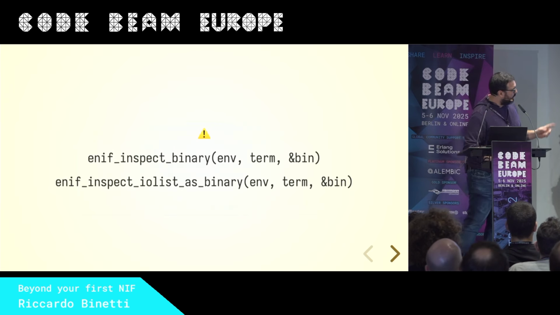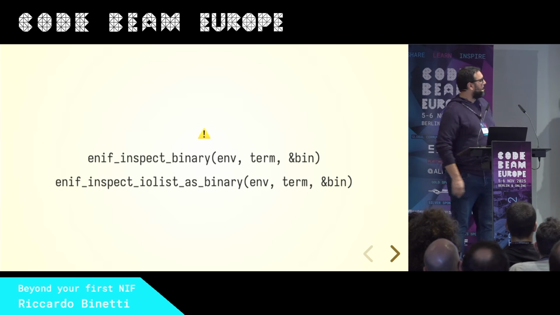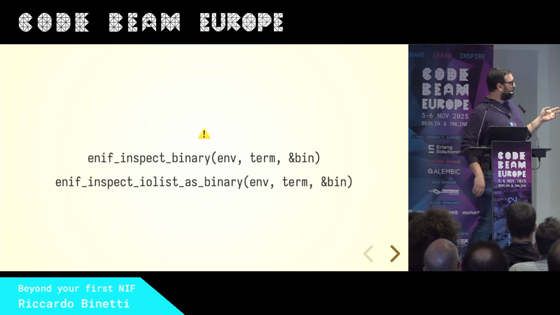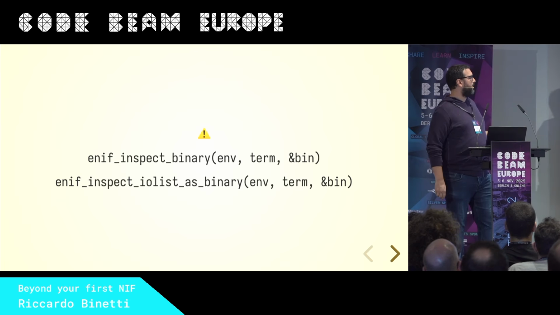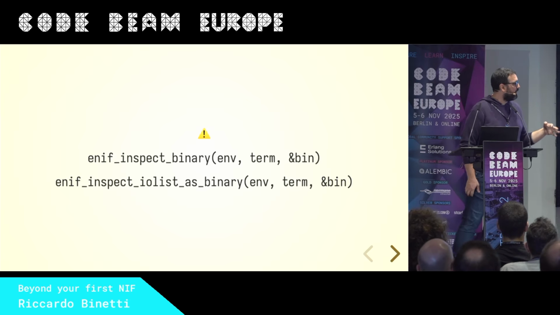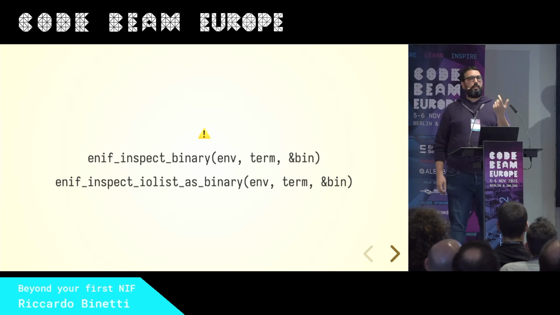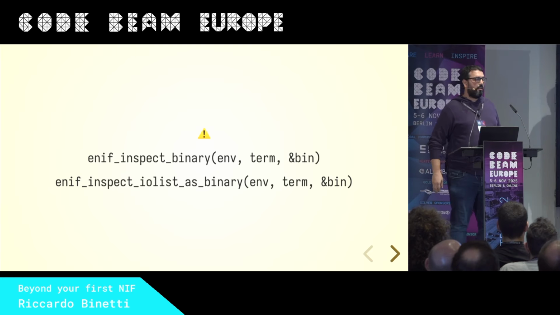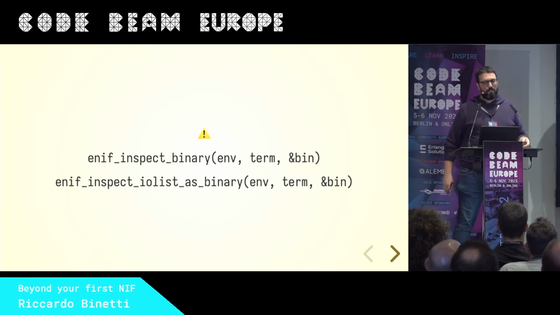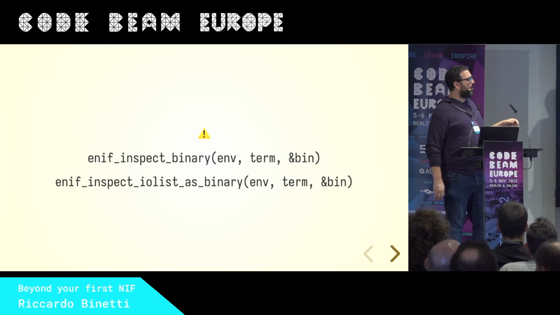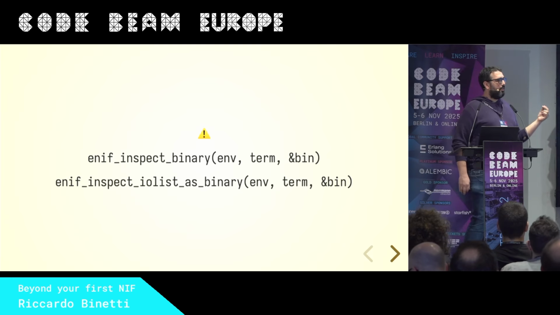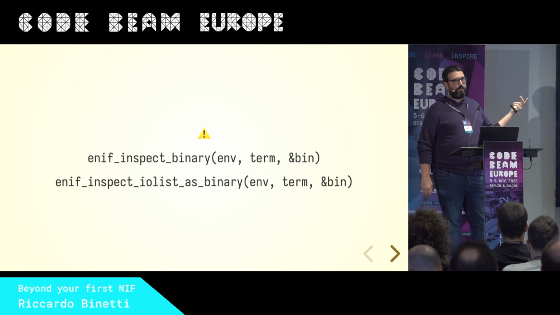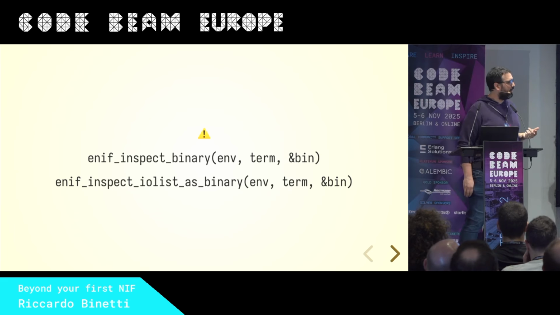Another big gotcha here is that when you use the inspect functions, enif_inspect_binary and enif_inspect_iolist_as_binary, they are used to take a binary term and populate a buffer and a length, which is an ErlNifBinary. Another foot gun that hit me numerous times when I was fiddling with it is that you don't have to free the binary. So this should make you think.